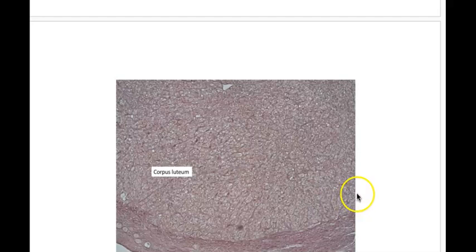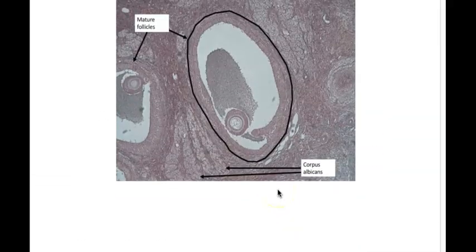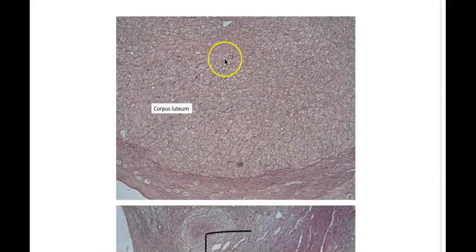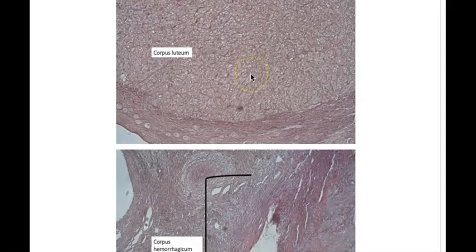It's huge. I couldn't even fit it on one image. All of this is a corpus luteum. That's basically these cells that remain behind. They multiply and divide to form this really large corpus luteum structure. The purpose of that is to maintain the uterine lining in case a fertilized egg is there to be implanted.